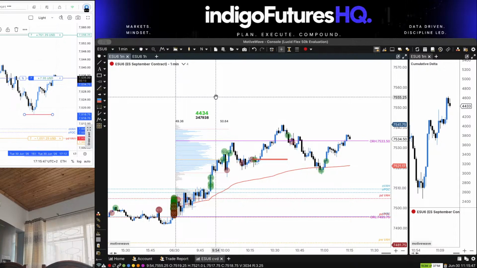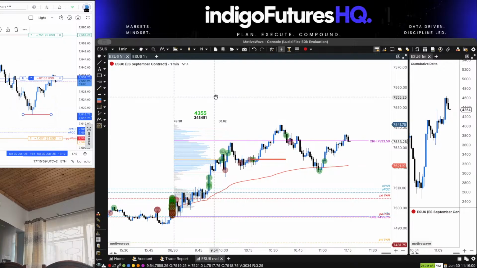So instead of going at it with 5 contracts all the time, maybe let's consider going at this with 2 first, since I'm not entirely sure about this trade idea. That could be one way of doing it, and then adding on to positions. I just haven't done that enough times to be 100% confident about it. You know what I mean?